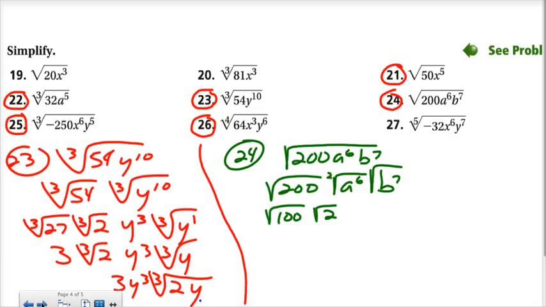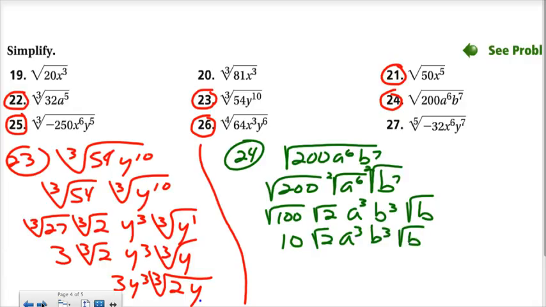And our little magical 2 out here for the index is going to go perfectly into that a variable and give us a to the third. No ugly remainder. But for the b, it's going to go in there 3 times, but have one ugly remainder to deal with. The square root of 100 is 10, so we have the square root of 2, a to the third, b to the third, square root of b.